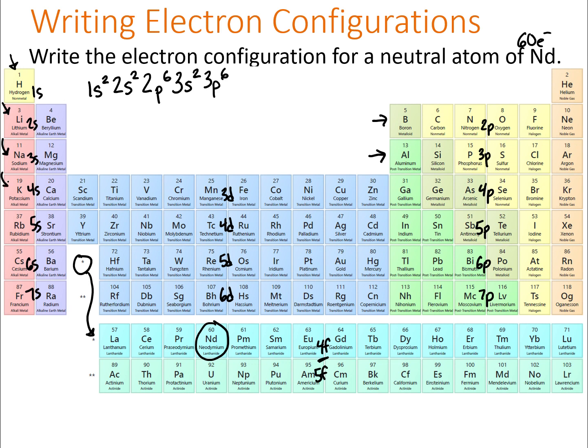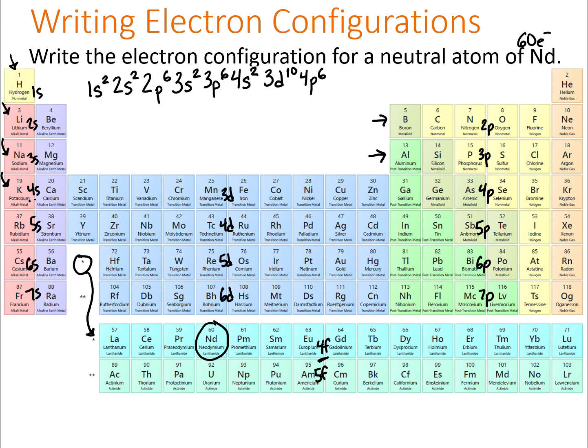We keep moving with n equals 4. We fill the 4s with 2 electrons, the 3d with 10, and the 4p with 6.